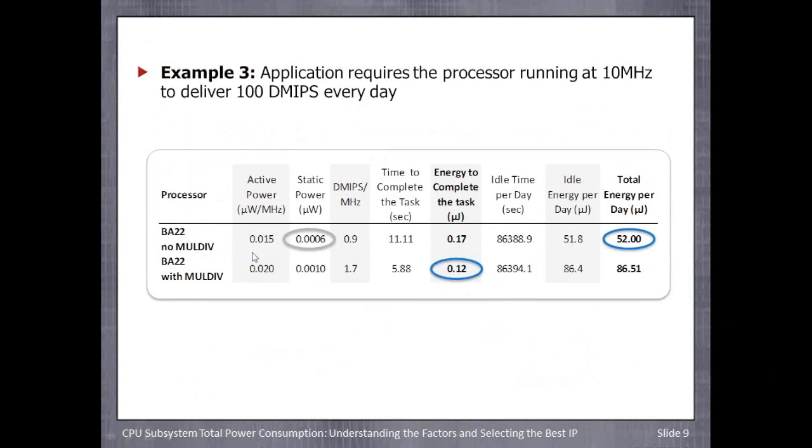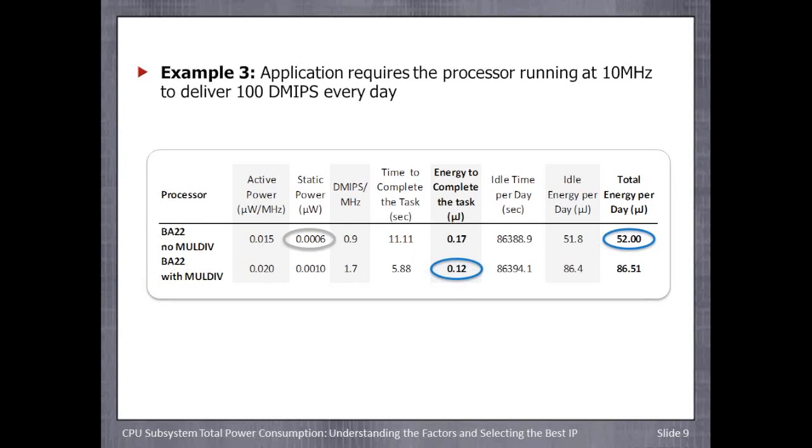The small processor has a lower active power and a lower static power, but the fast processor has significantly higher performance, DMIPS per megahertz. So in the same way that we've seen in our previous example, the fast processor ends up requiring less energy to complete this specific task, to provide those 100 DMIPS.